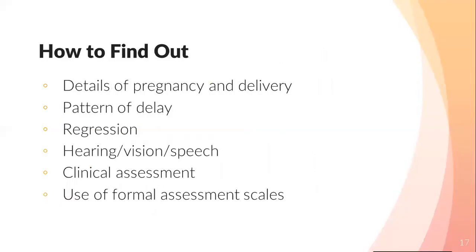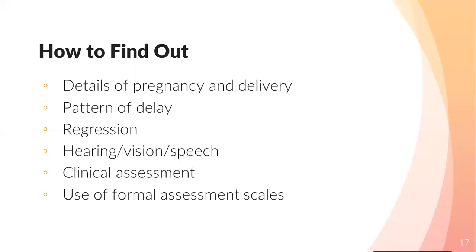So, how should we find out? The first is details of the pregnancy, whether the pregnancy was fine, whether proper care of the pregnancy has been taken, which we refer to as antenatal care, whether the delivery has been a hospital delivery, or whether the delivery has been conducted at home, whether the child cried at birth, whether the child is following the set pattern that should be seen.